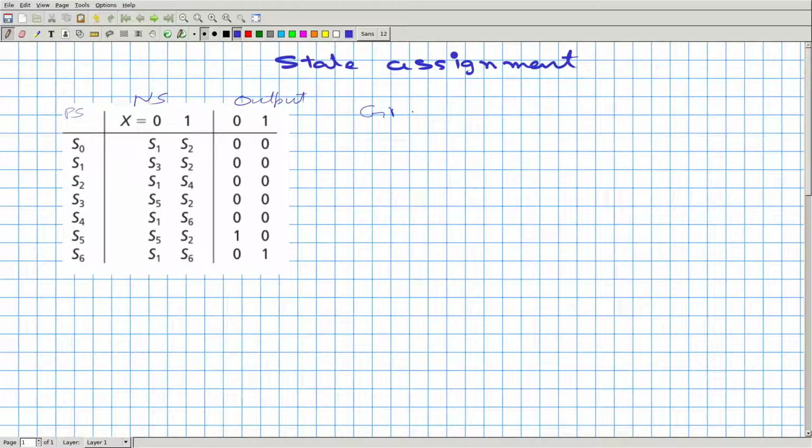Guideline G1, that we have to group incoming neighbors, and G2, we want to group outgoing neighbors.